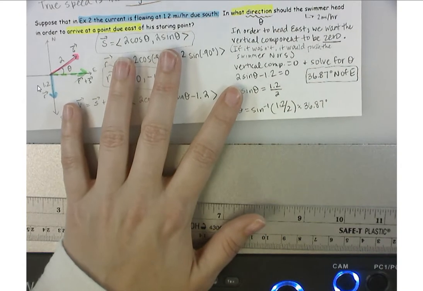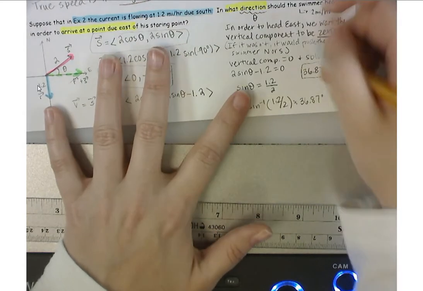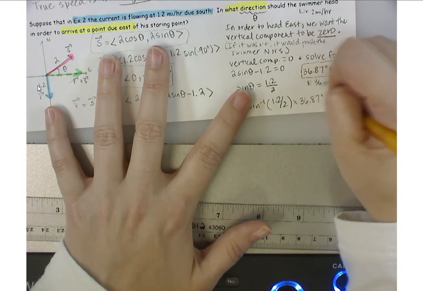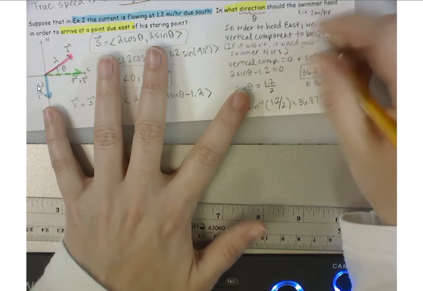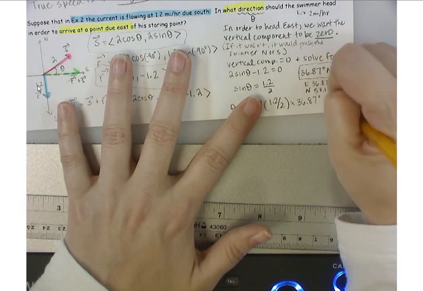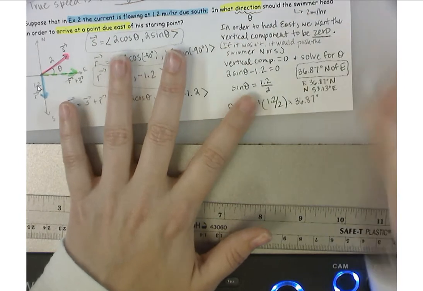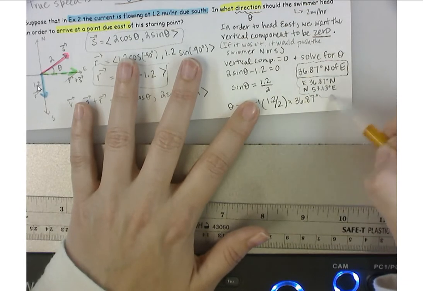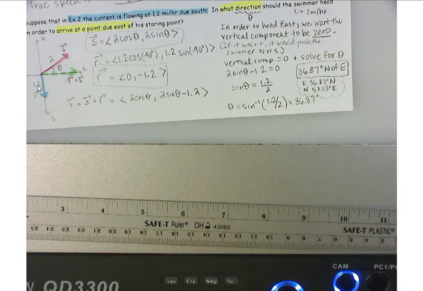That's where he should head. You could also say east, 36.87 degrees north. You could say north, 53.13 degrees east. Those would be correct as well. Okay, so those are other options. All right, let's go to the next page.